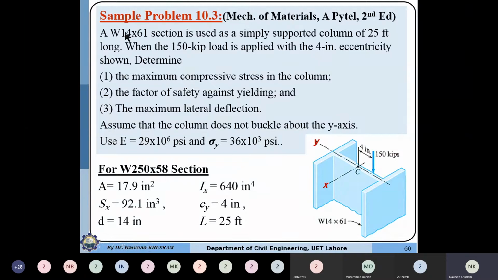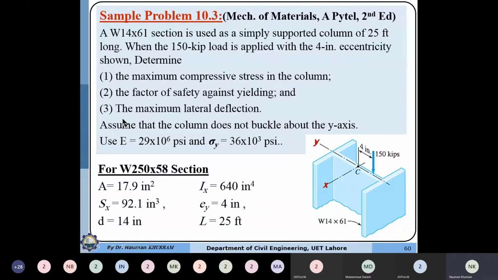Here the 14 inch is the depth in inches and 61 is the weight in pounds per foot. The equivalent dimension in millimeters is 250 and the equivalent weight is 58 kilograms per meter.